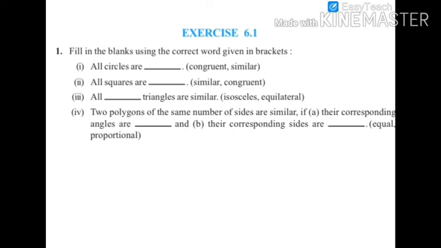Fill in the blanks. All circles are, that's right, similar. All squares are also similar. All equilateral triangles are similar. So what does this imply?